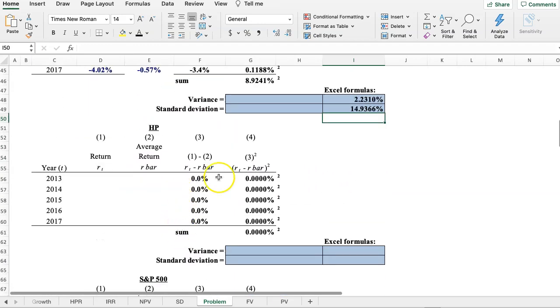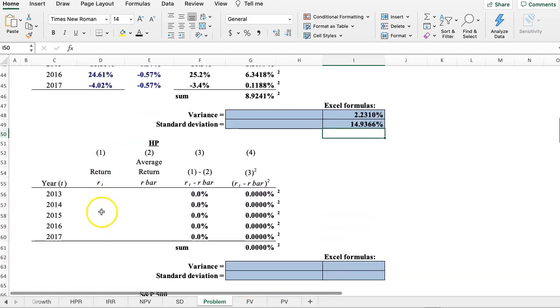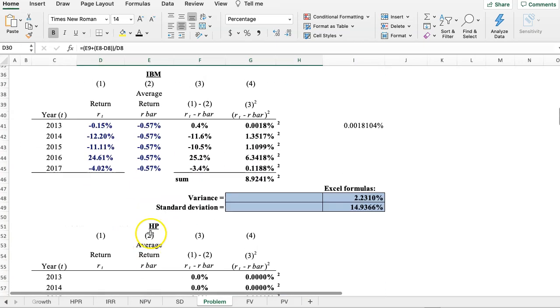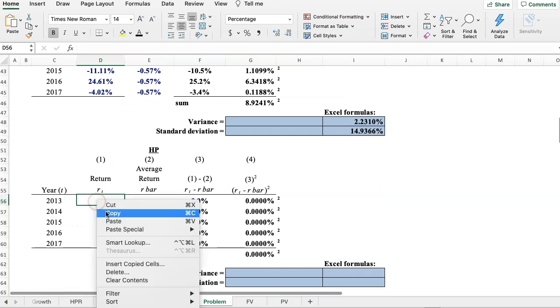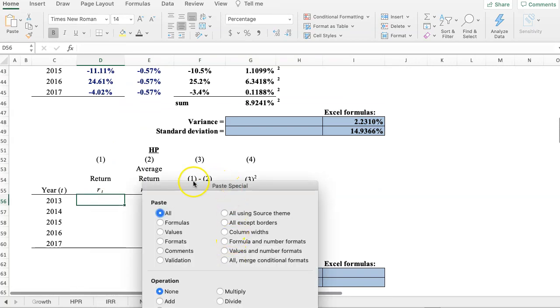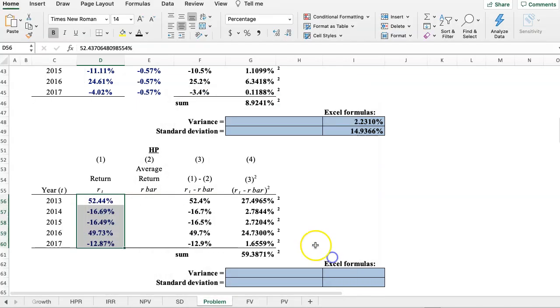And then we'd follow that same path for calculating it here, where we take our returns, copy, paste special, values and formats, transpose, okay.